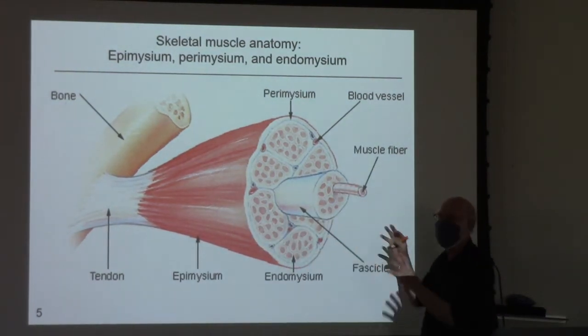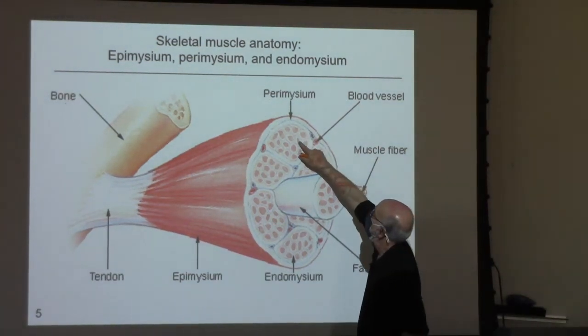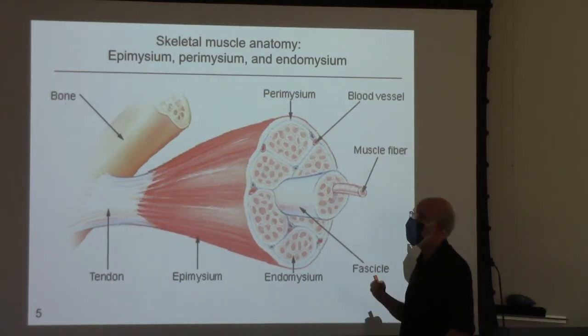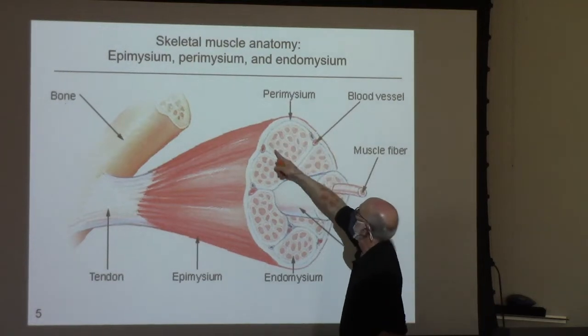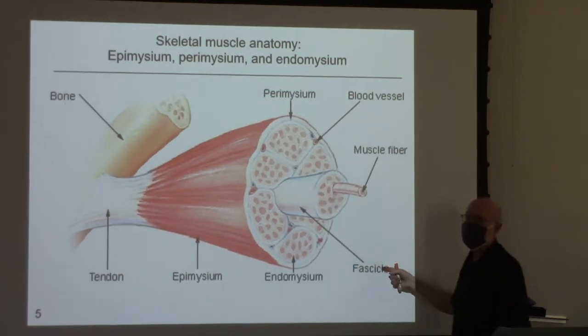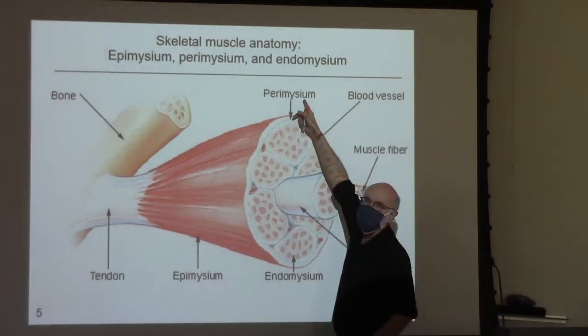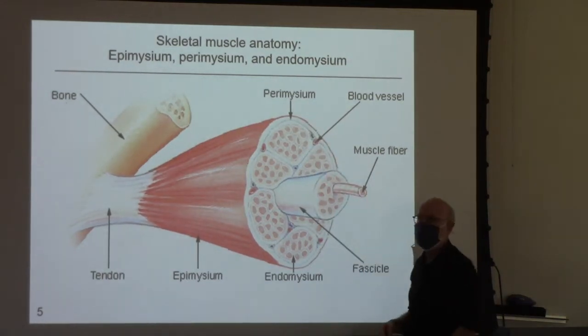Within the muscle, there are bundles of muscle fibers. So each of these pink dots is supposed to be a muscle fiber cut in cross-section. There are bundles of muscle fibers called fascicles, each of them wrapped by a membrane structure called the perimysium.